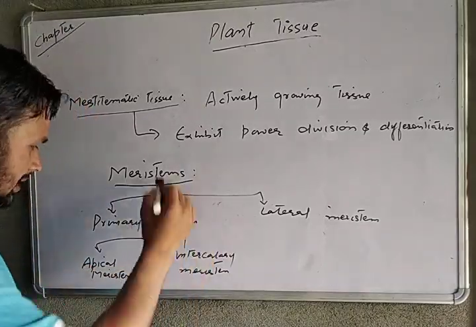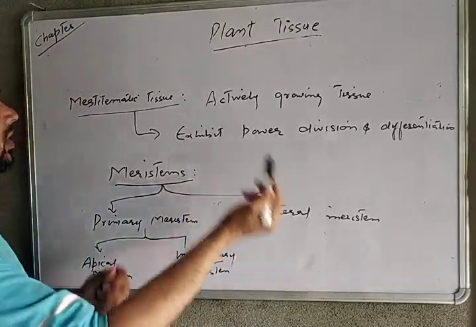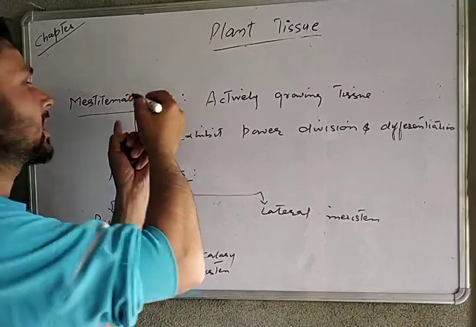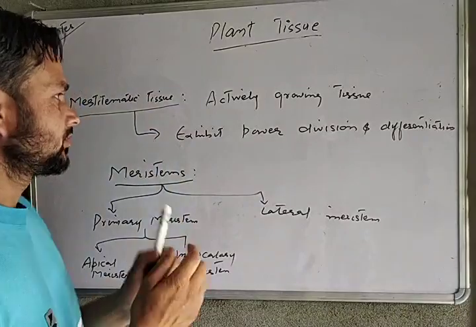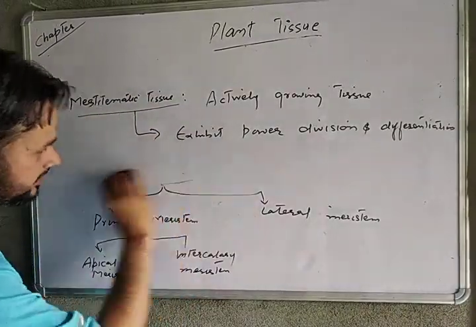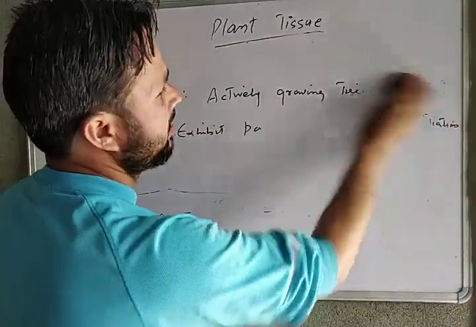The secondary meristem is the lateral meristem. Before explaining these primary and lateral meristems, I am going to say some characters of this meristematic tissue. What are the characters of this meristematic tissue?